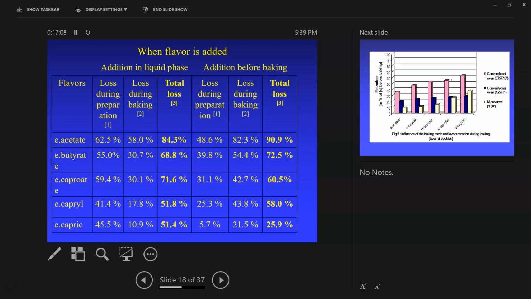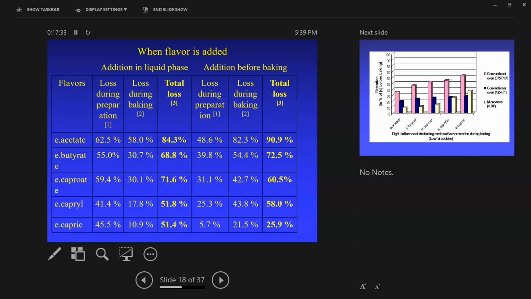The other one is flavor retention. This is flavor loss. So it's loss during baking. So 62%. I was kind of looking at it and saying that doesn't necessarily make sense. But okay. So loss during baking, preparation, loss of baking, total loss. So total loss is 84% of this compound, 68% of that compound, and so on.